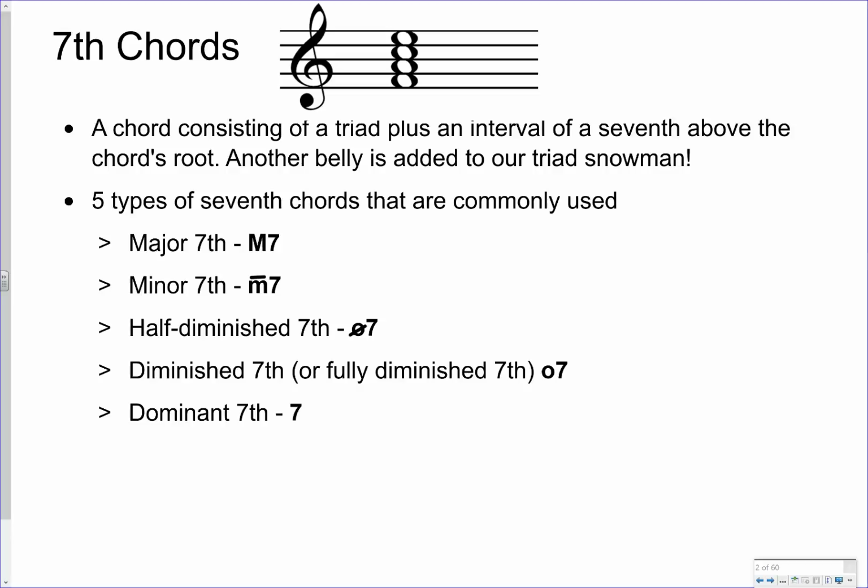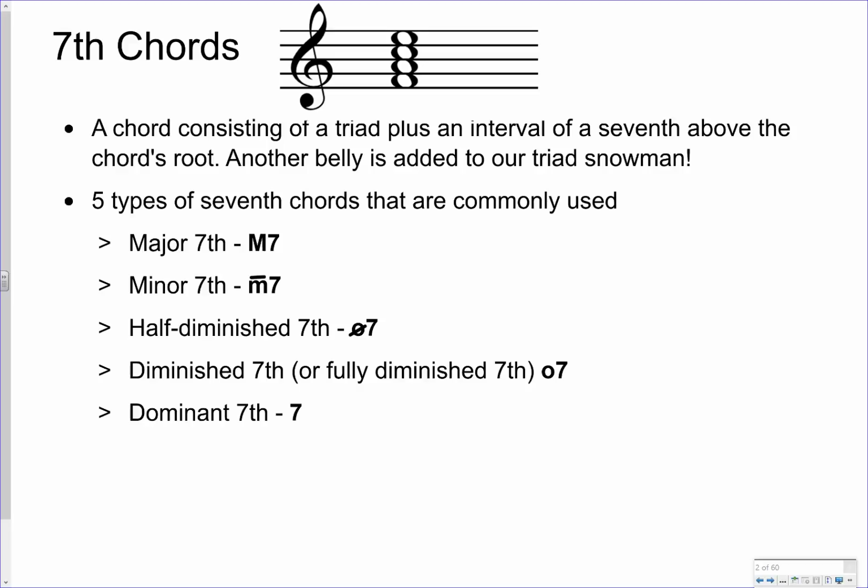Then there's the diminished 7th, or sometimes referred to as the fully diminished 7th, which is just a diminished circle with a 7. And finally, the dominant 7th, which is indicated by the number 7.